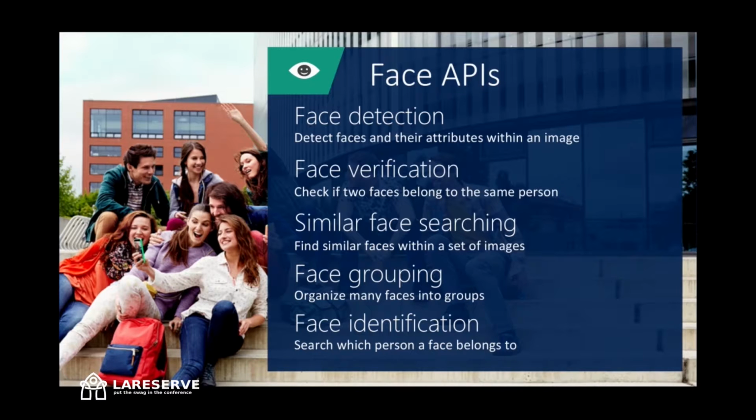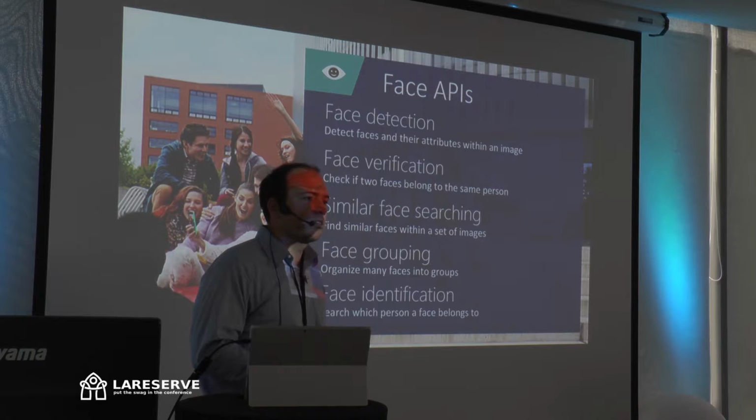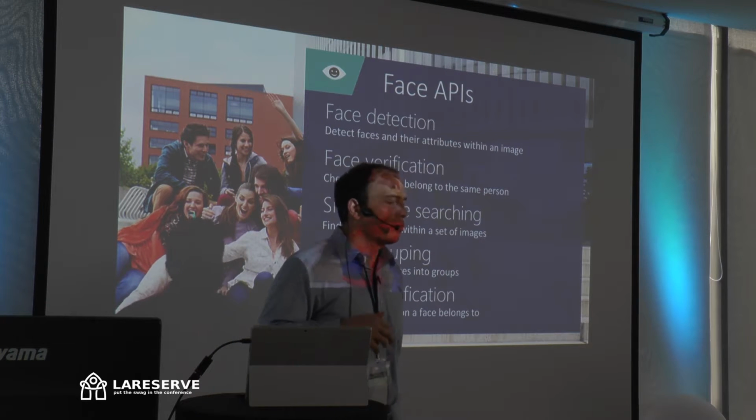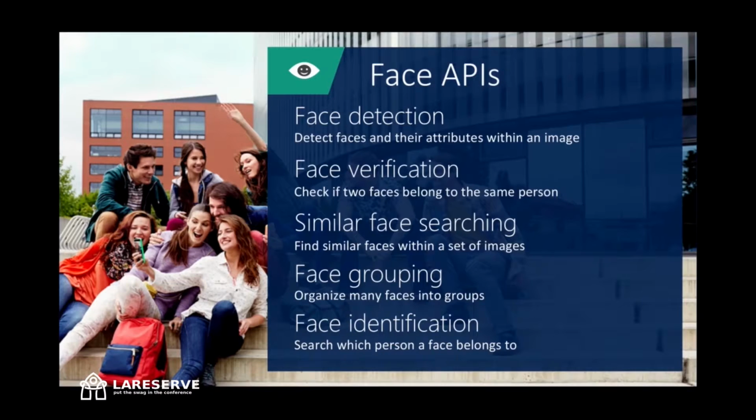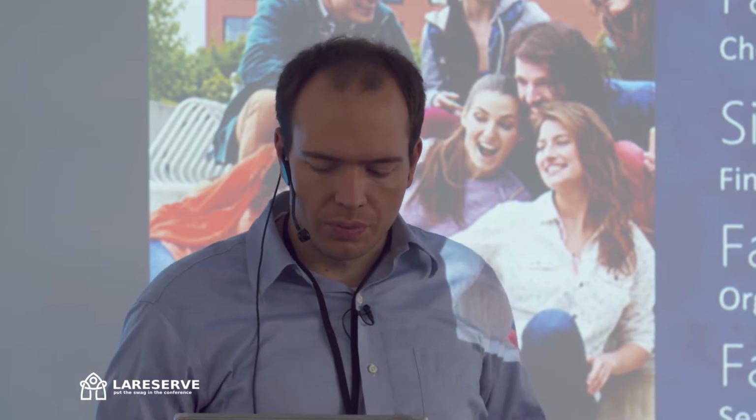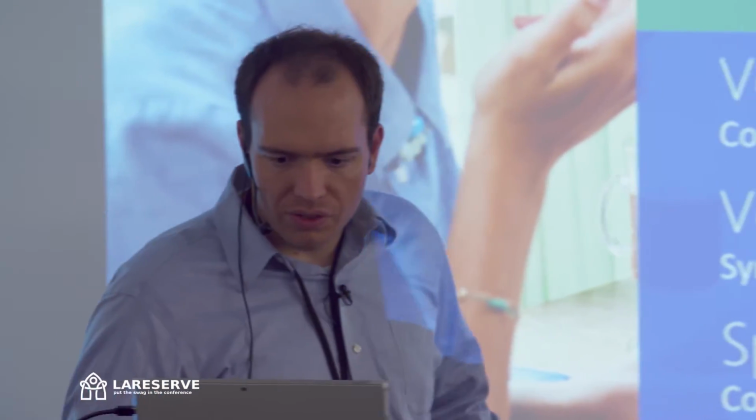In this case, I have not trained the version on my machine to recognize me personally, but once you have a repository of faces, you can actually recognize identities using these APIs. You can also group faces into groups in different images.